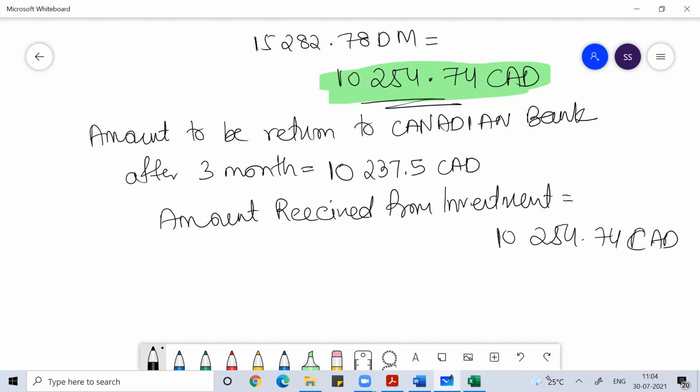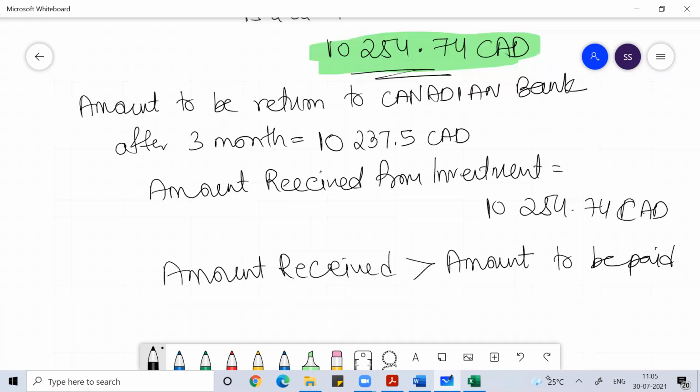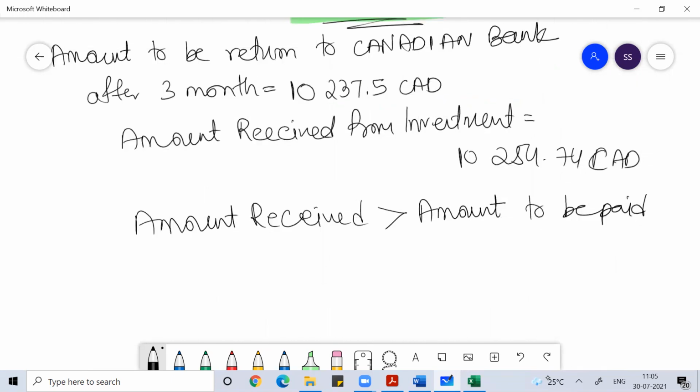So automatically you can see the amount I'm going to receive is more than the amount to be paid on borrowing.